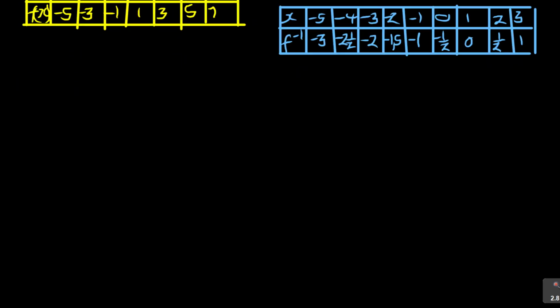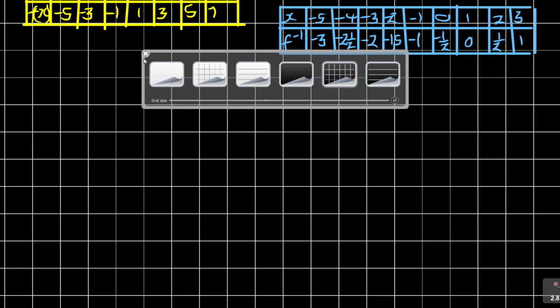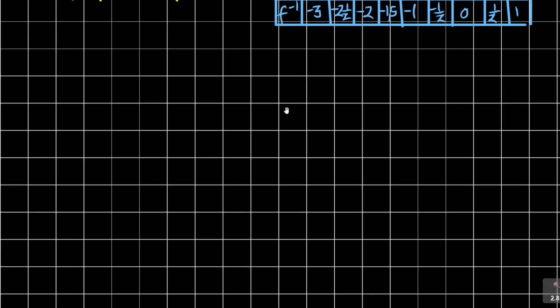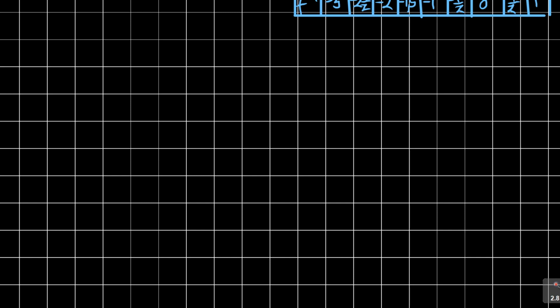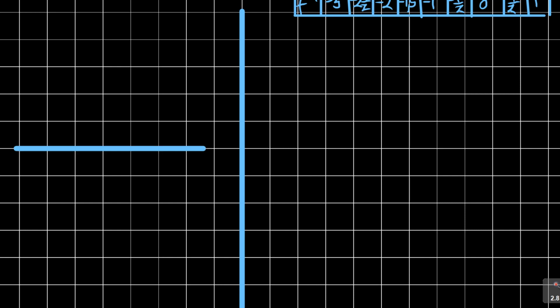Now if I can bring in my graph paper. Look at this. I just want to plot this graph, let's do it now. Let me make a big line. These are my x's, okay?